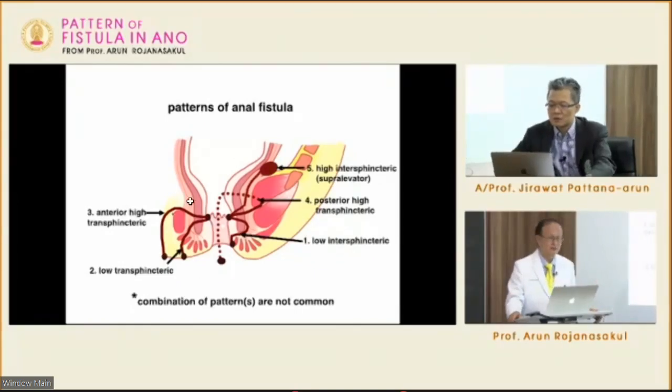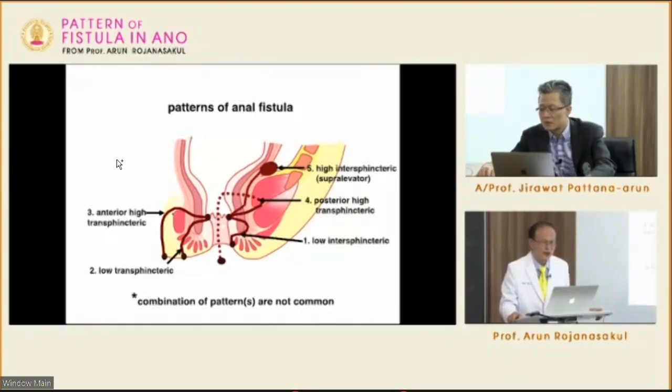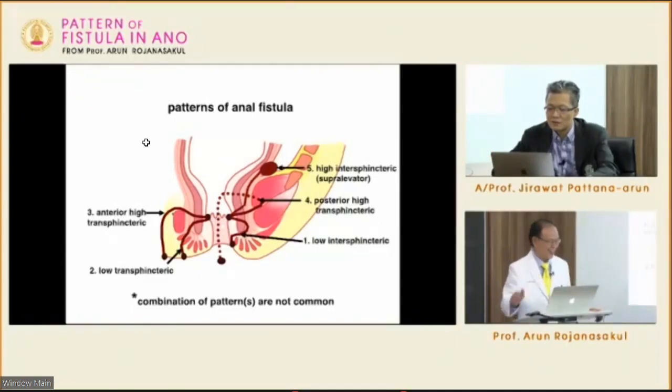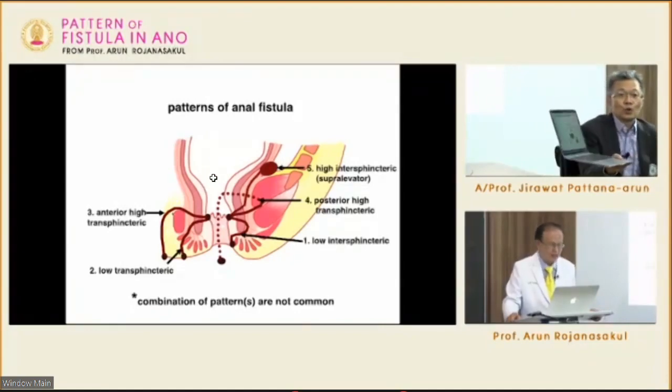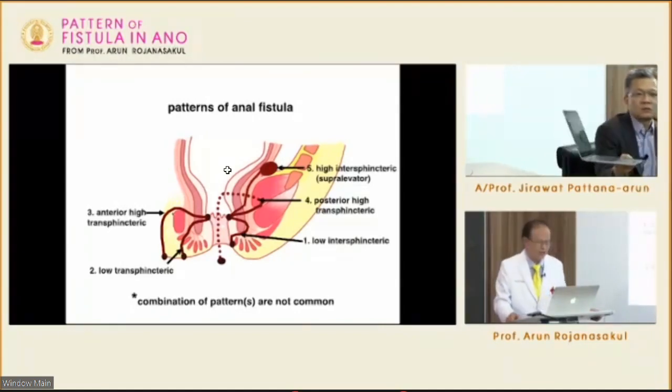Then Dr. Goldberg asked, what's next? What to do? I told him at that time, stop, finish. So I finished. He said, yes, correct. So sometimes we cannot identify the tract, but very few cases.